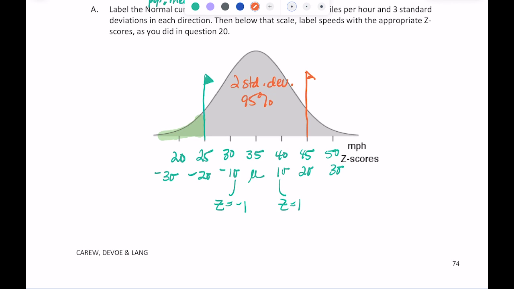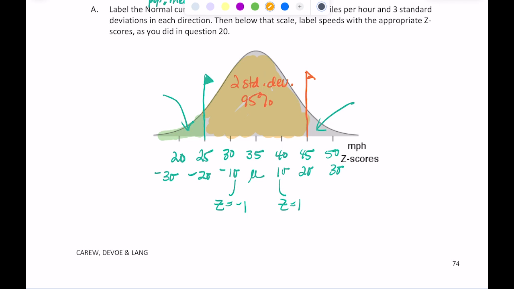So if I take 100% and subtract that 95%, it's going to leave me with this area and this area. So in other words, if I do 100 minus 95, I'm really subtracting away this piece right in here.